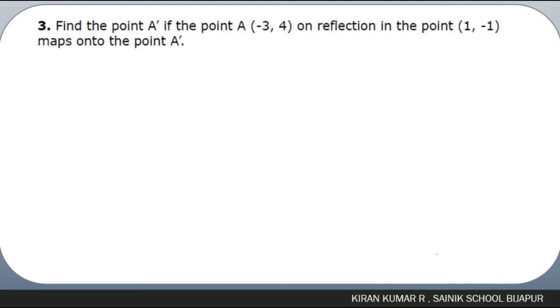Question number 3. Find the point A dash if the point A(-3, 4) on a reflection in the point (1, -1) maps onto the point A dash. So let me consider the point A dash coordinates as x comma y.